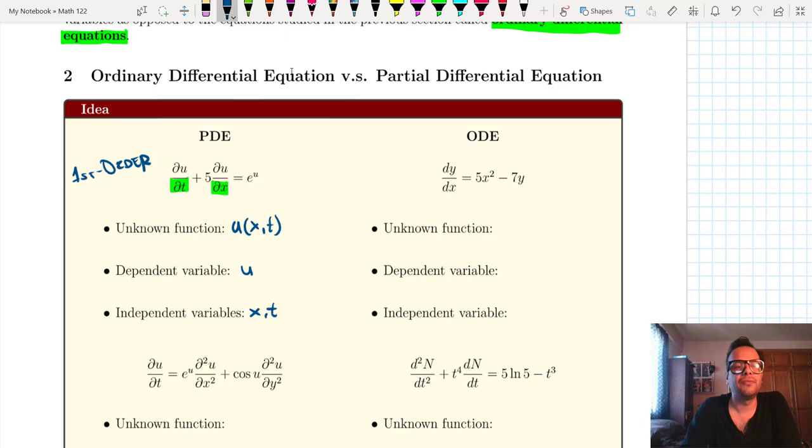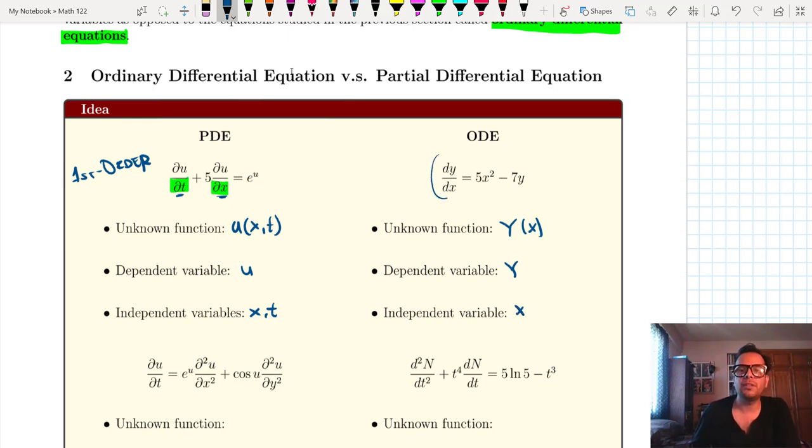That is, the variables with respect to which the function is differentiated. Like in this case, this function u is differentiated with respect to time or t, and in this case with respect to x. As opposed to this ODE, this ordinary differential equation, in which we have a function y that depends on x, whose dependent variable is y and independent variable is x.